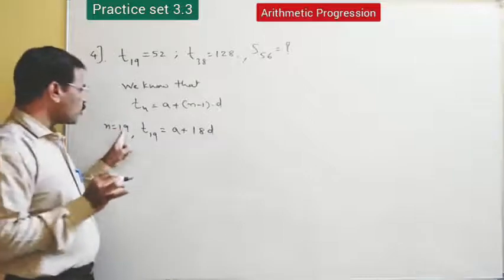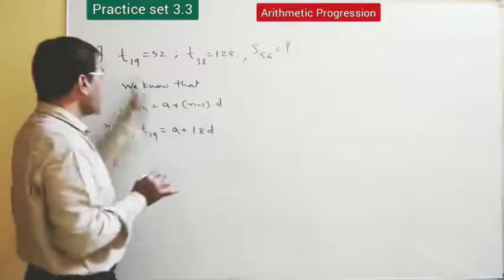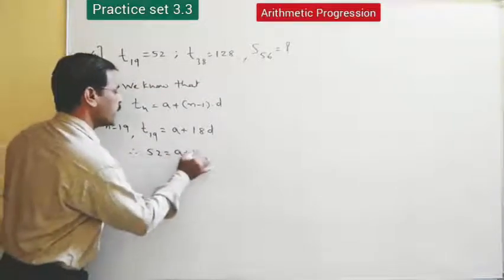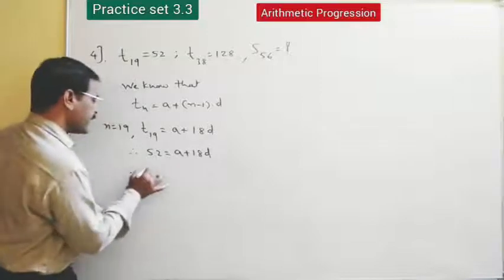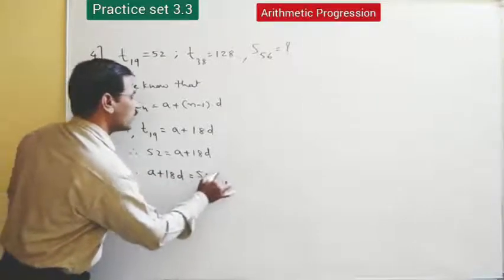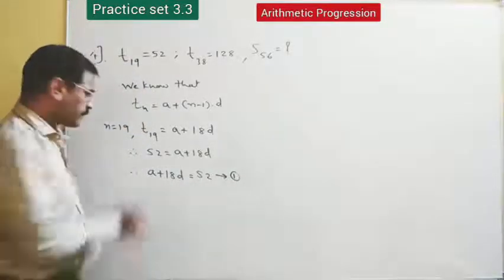Because n is equal to 19, we put here 19 minus 1, 18. But T19 is given to us, that is 52. So we can write A plus 18D is equal to 52. Let us say it is equation number 1.